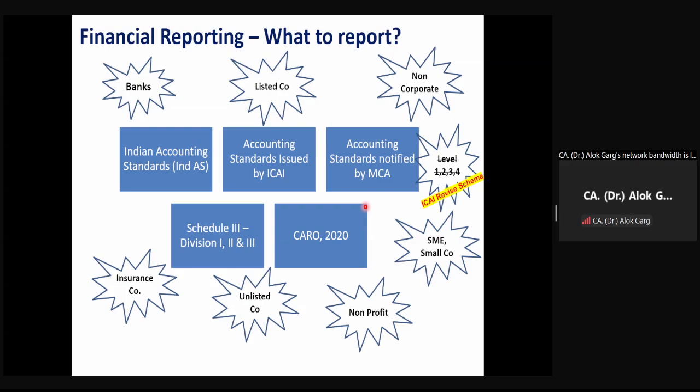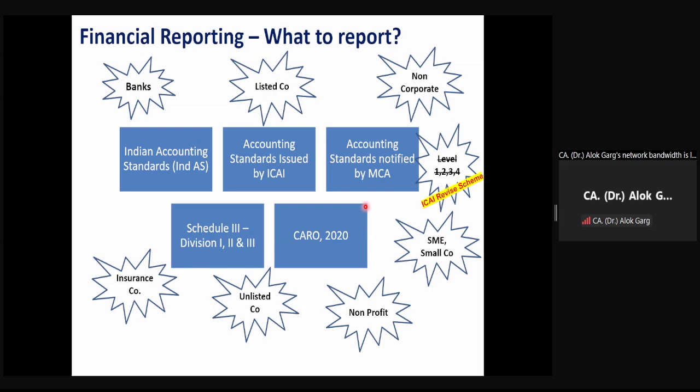But if you have decided to follow CARO, for example, you're not aware of this exemption and you have decided to issue a CARO report for a small company, in that case, if you have decided to follow, then you have to follow the requirements of CARO in its entirety, right?